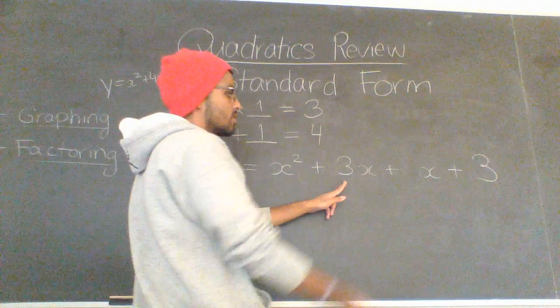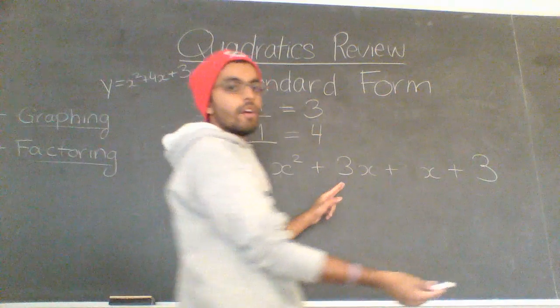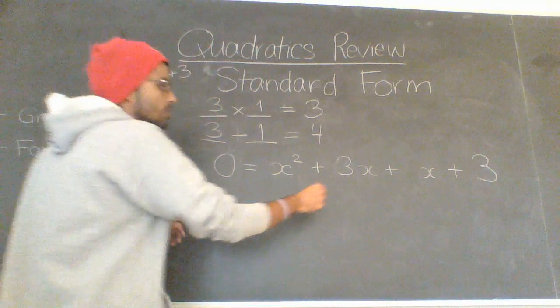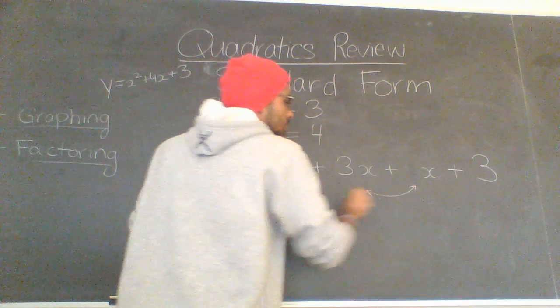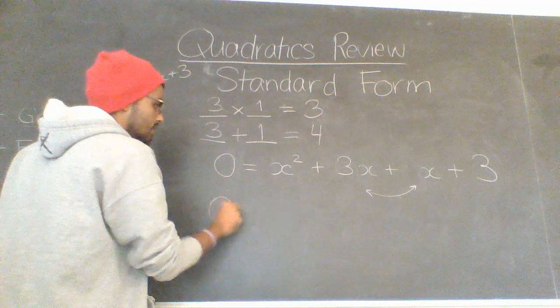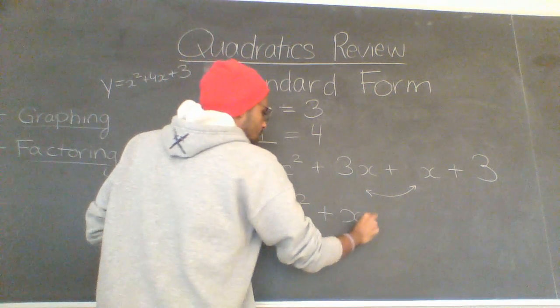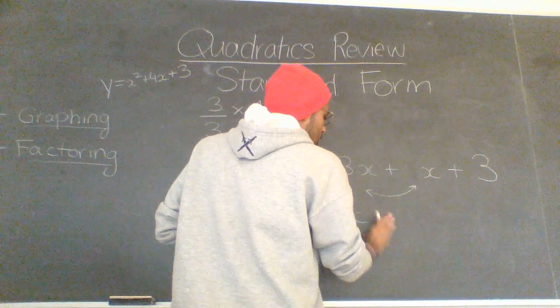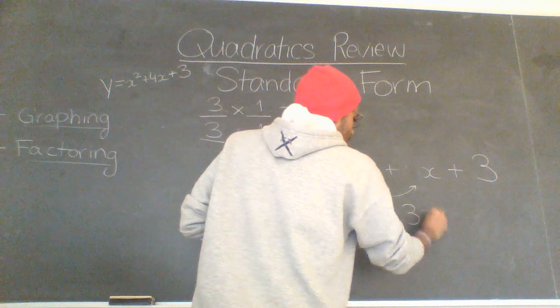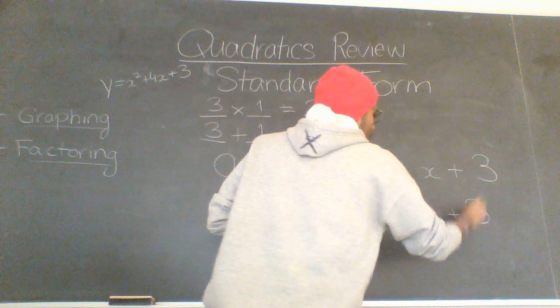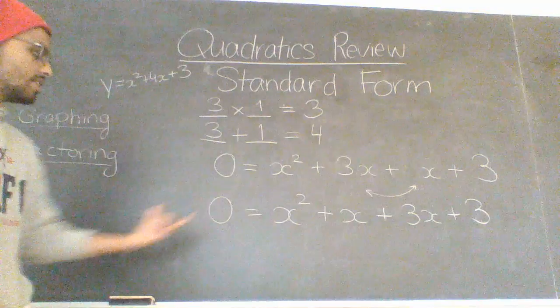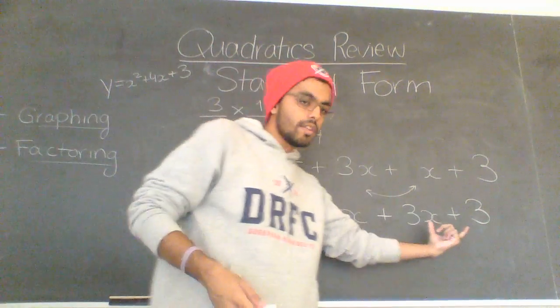And similarly, this 3 and that 3 are so far apart. They want to be closer together, so we'll just swap the positions of these two. So we'll make it 0 equals x squared plus x plus 3x plus 3. Now they're happy because the x's are together and the 3's are together.